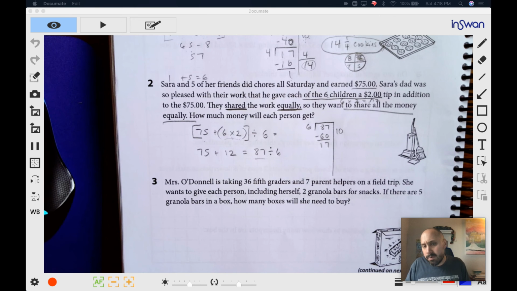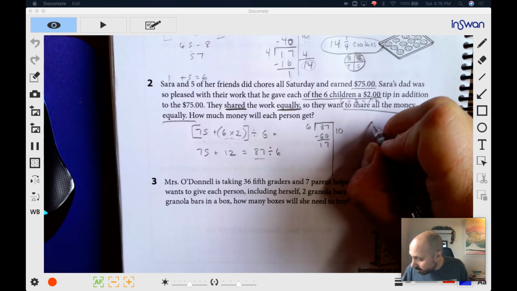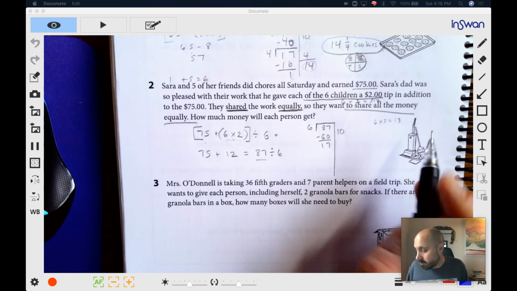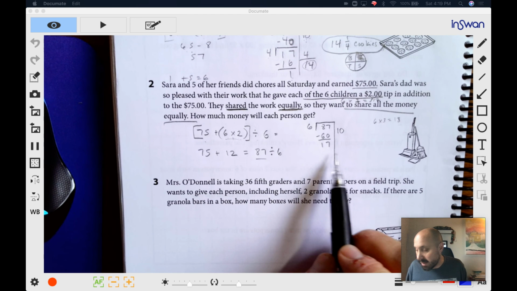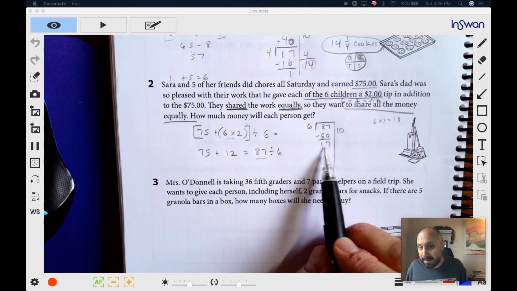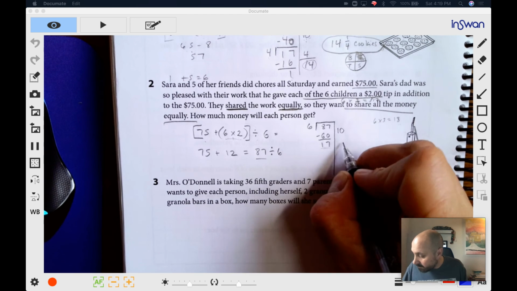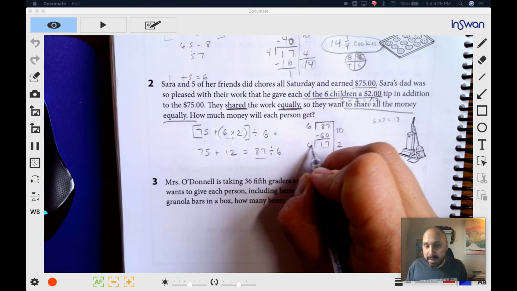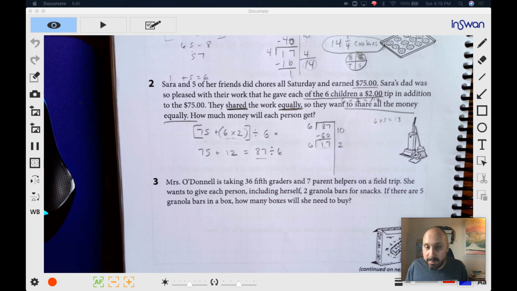Well, can each of them earn $3 more? Let's see. If each earned $3 more, that would be 6 times 3. That's $18. They didn't get $18. They only have 17 left. So that's too many. So I know I'm going to have to divide it by 2. So now each kiddo will get $2 more.